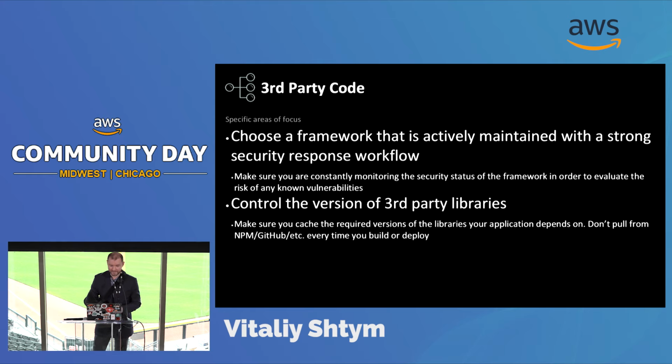Choose a framework that is actively maintained, and that you know you can update your code as needed. Whenever a new vulnerability comes out, you'll be able to secure it by patching it, by updating it, by pushing new code to your development. Because if there is something that hasn't been touched for even 3 months nowadays, most likely it has a vulnerability at some point.